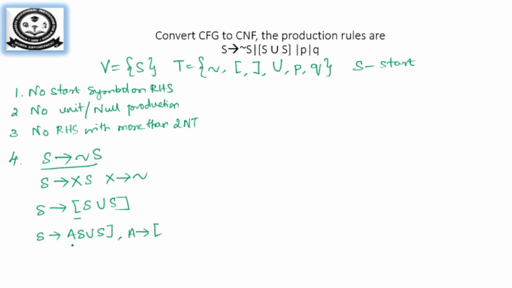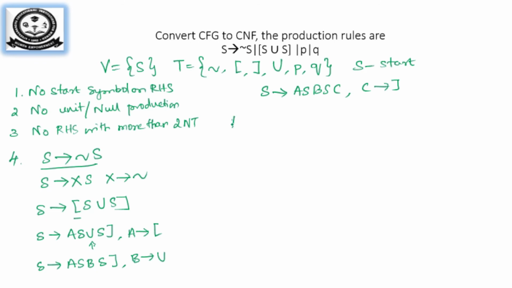Now for this term, again union is there, so we have to remove union. So S tends to A S B S square bracket, where B tends to union symbol. Similarly, I will write it over here. S tends to A S B S and you will have C, where C tends to closing bracket.